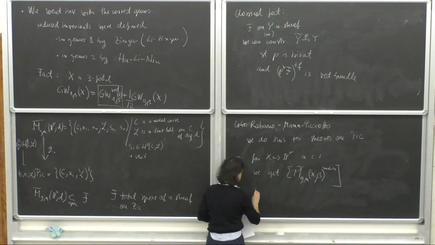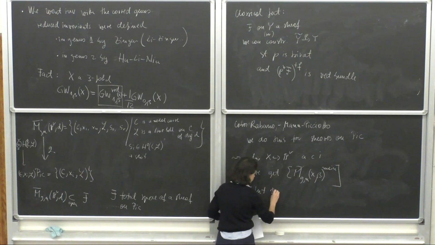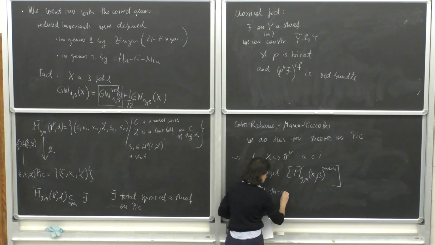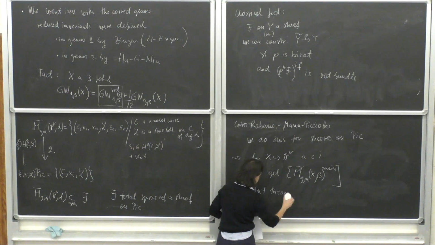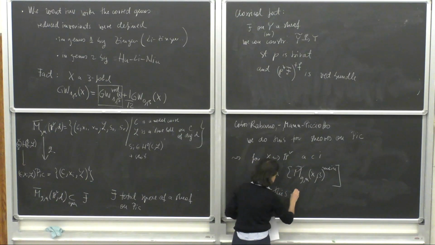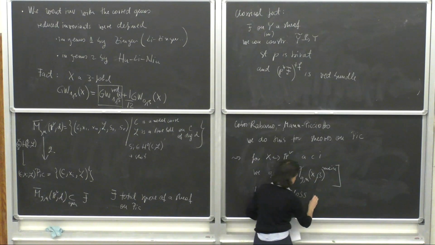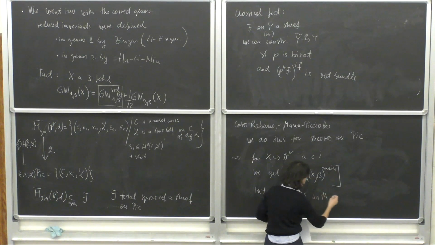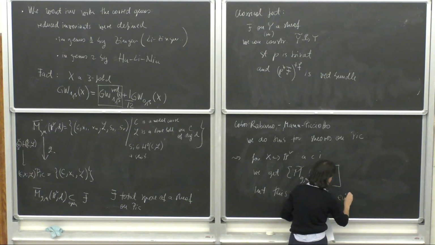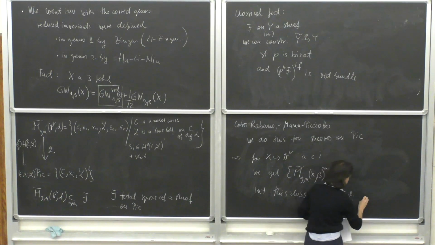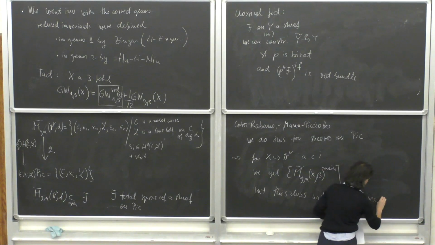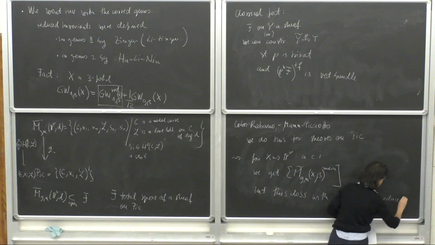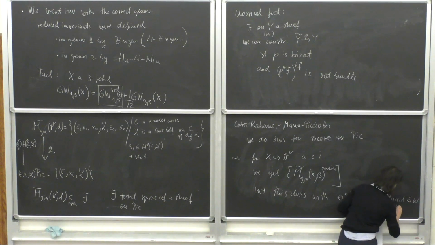And intersection theory. So intersecting this class with evaluation classes gives reduced Gromov-Witten invariants.